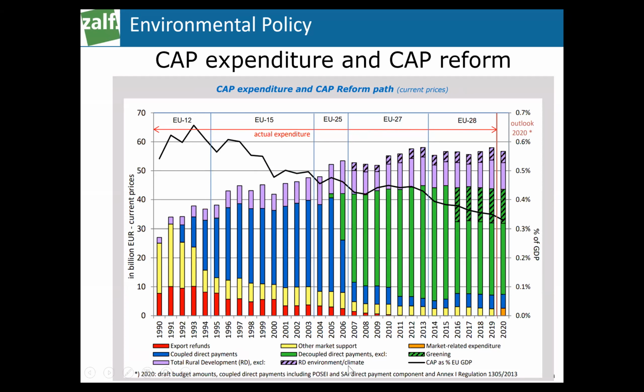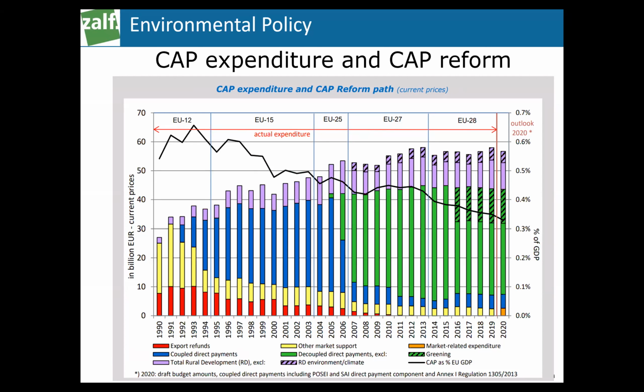If we now go one step further, rural development environmental programs, you see here already the share of the environmental programs, and you see the greening measures, what we had already. That means also here a shift towards sustainable intensification on the one hand side, but direct payment for environmentally friendly management practices.